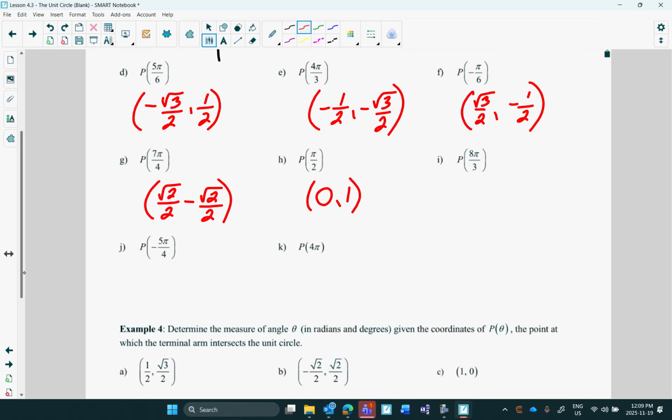So this is where we use our knowledge of coterminal angles, okay? So what I need to do is subtract the 2 pi to make an equivalent angle between 0 and 2 pi. Well, isn't 2 pi the same as 6 pi over 3?